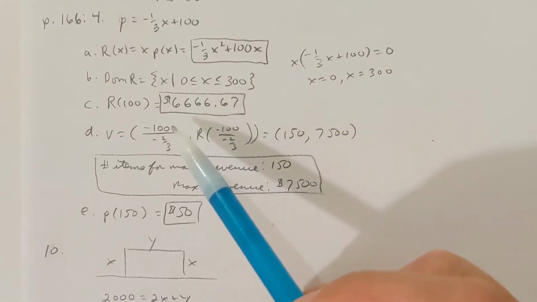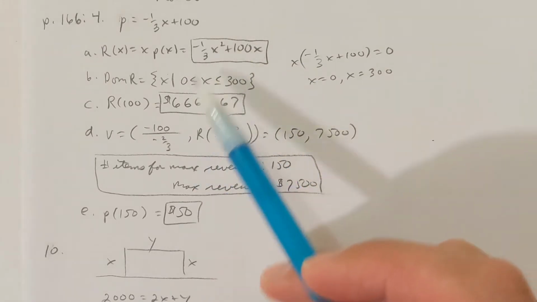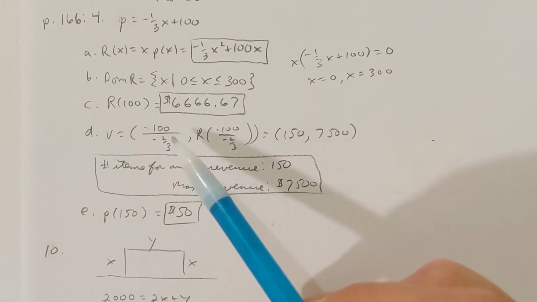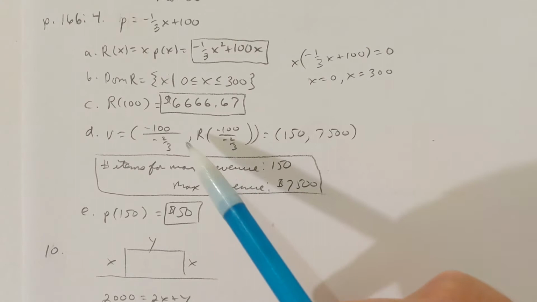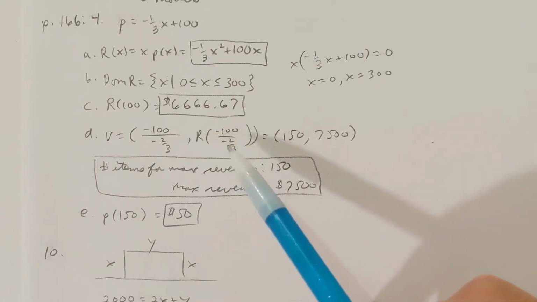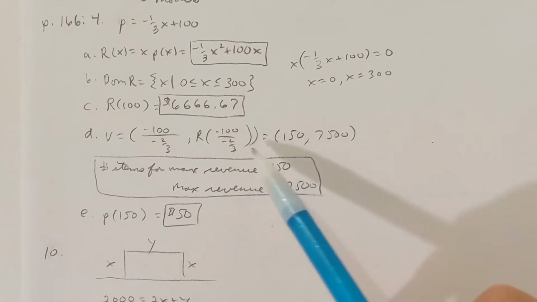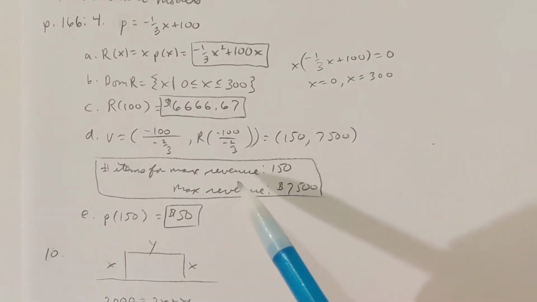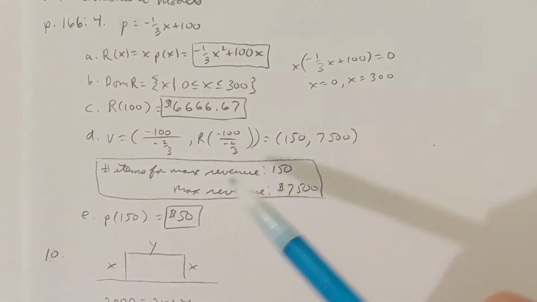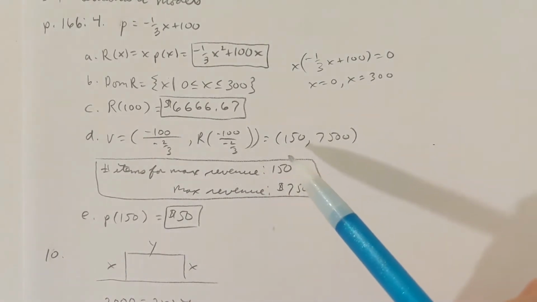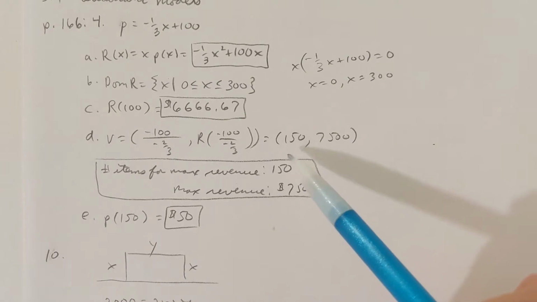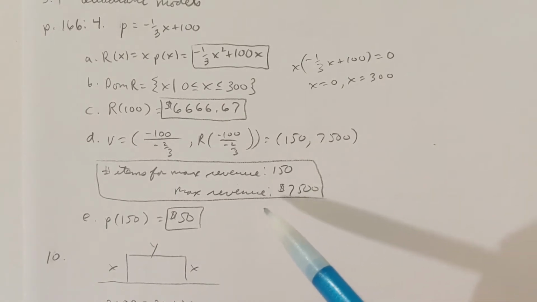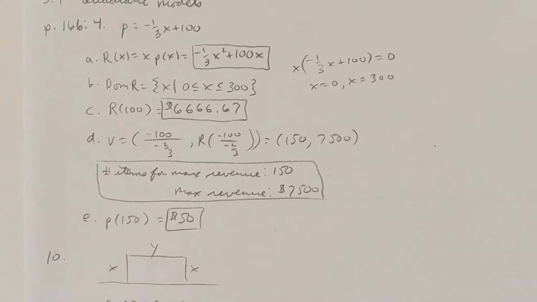The opposite of 100 is negative 100 divided by 2A, which is negative 2/3. If I flip the denominator, negative 300 divided by negative 2 is 150. R of 150 is 7,500. So the number of items for the max revenue would be 150 items. And the max revenue that I can get is $7,500.